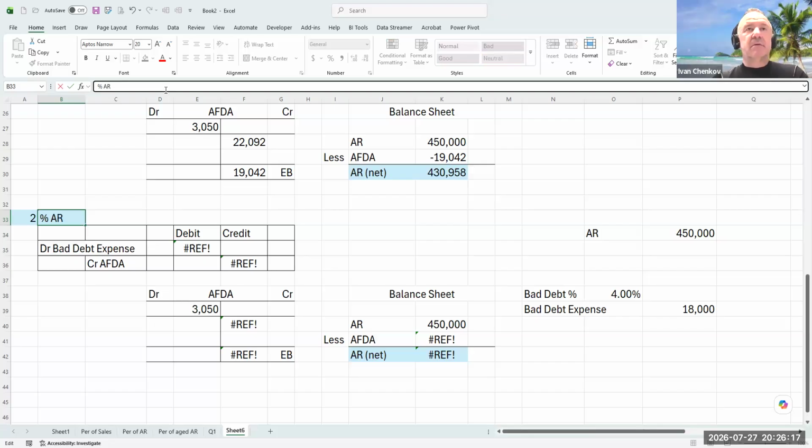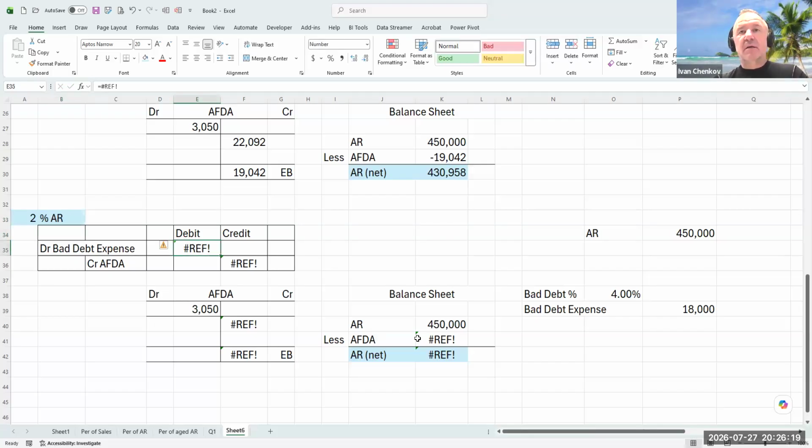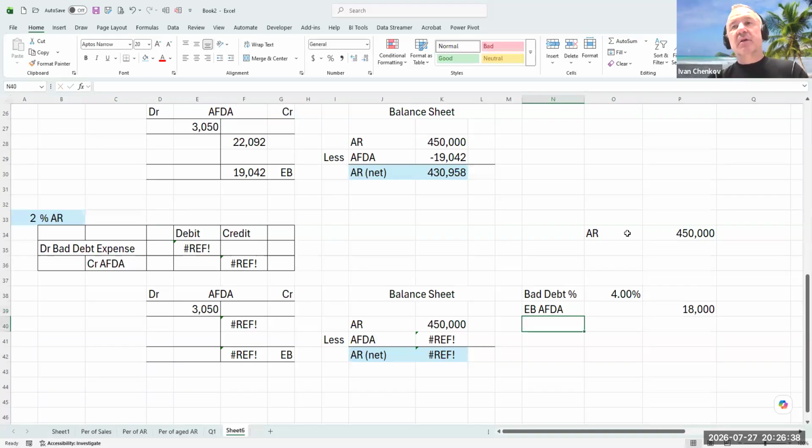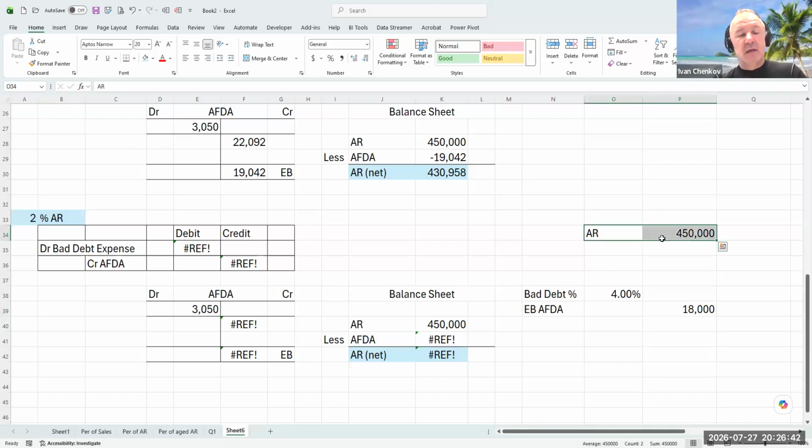Now the tricky part here is this 18,000 is not going to be the bad debt expense, it's going to be the ending balance of the allowance for doubtful accounts. That will be the tricky part. Whatever we calculate in here is going to transfer to the ending balance of the allowance for doubtful accounts.